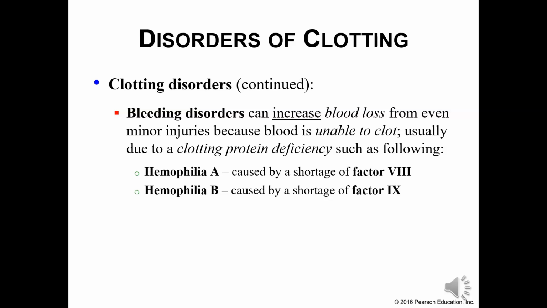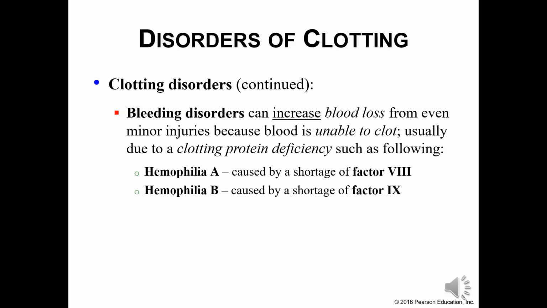Bleeding disorders can increase blood loss from even minor injuries because the blood is not able to clot. And it's usually secondary to a clotting protein deficiency. Hemophilia A, also called classical hemophilia, is caused by a shortage of factor VIII.